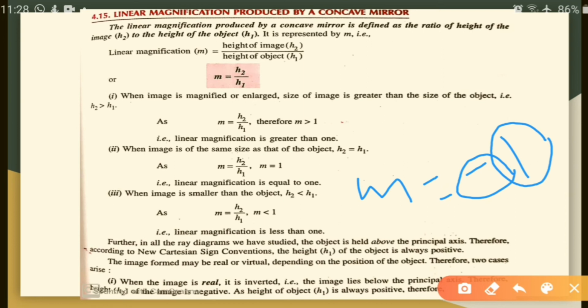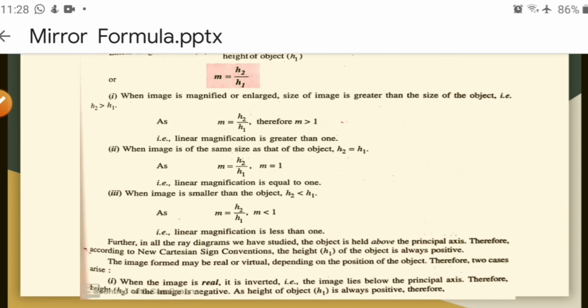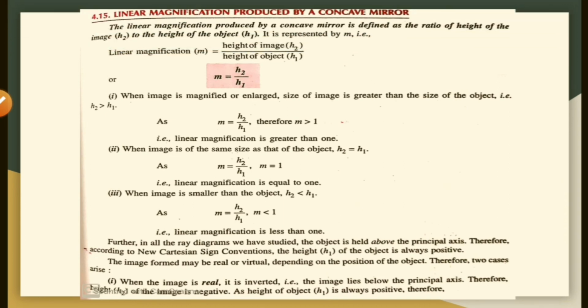This is possible for a concave mirror when the object is placed at the center of curvature. Recall the previous lecture: when the object is kept at the center of curvature, a real, inverted image of the same size as the object is formed. So the magnification gives complete information about the image.